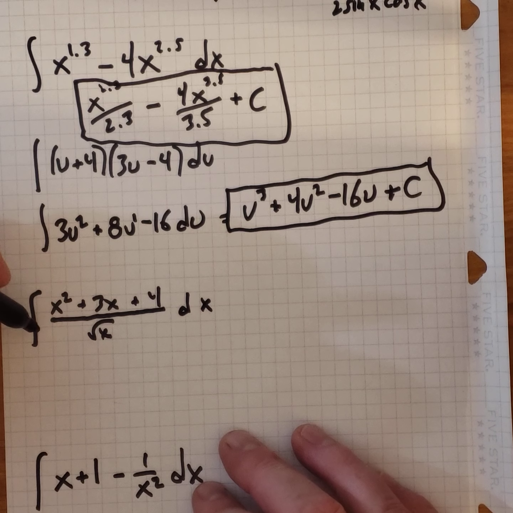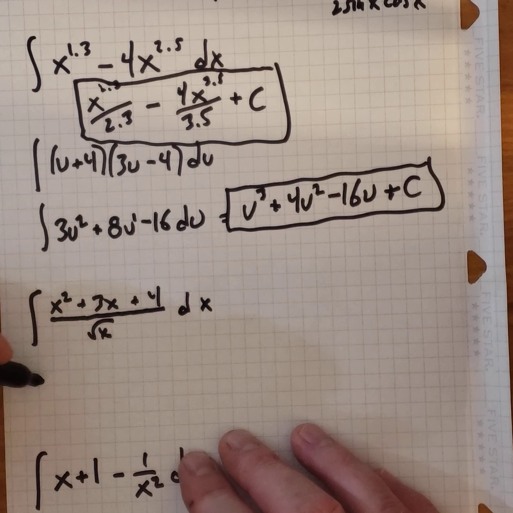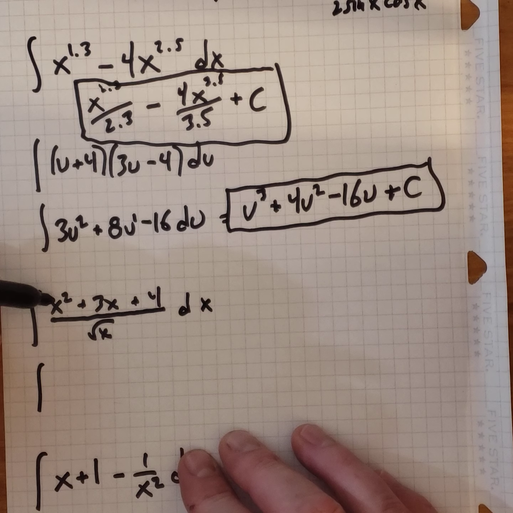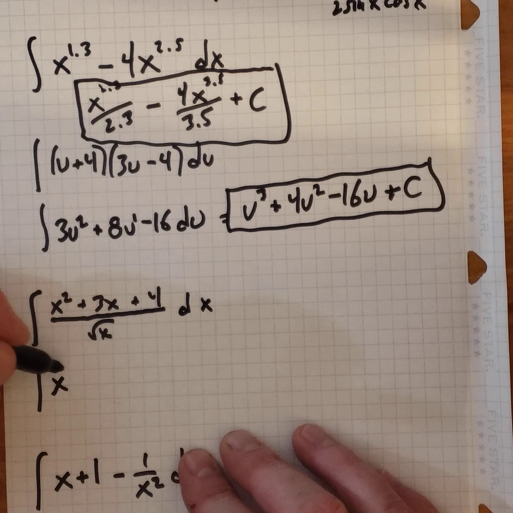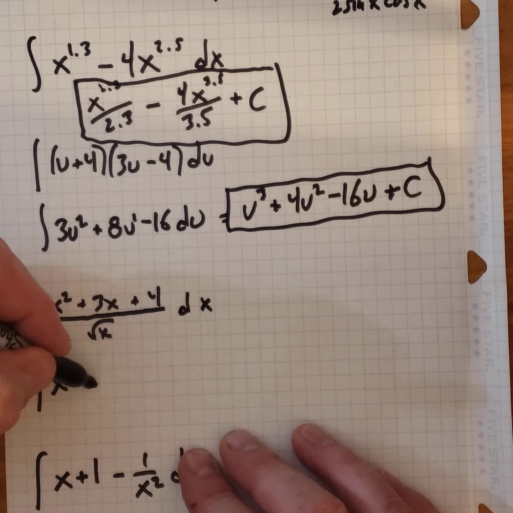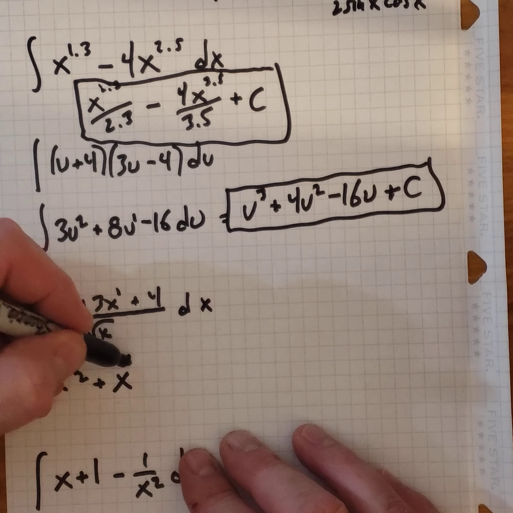This one here requires a little simplification, just like the last one. And remember that x square root is just x to the 1/2 power. So we would subtract x to the 2 power minus 1/2 would be x to the 3/2 power. Here we have an exponent of 1 minus the 1/2 is going to be just x to the 1/2.